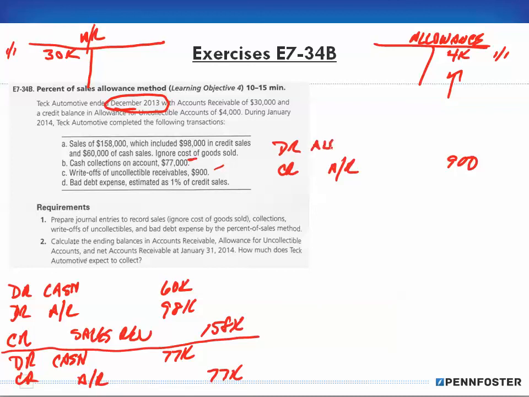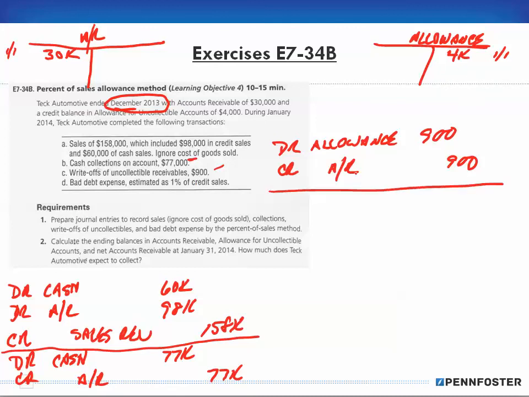Well, we're going to debit our allowance account for the $900. Okay, and so that removes the $900 out of this $30,000 on our accounts receivable that we know is not going to be collected.